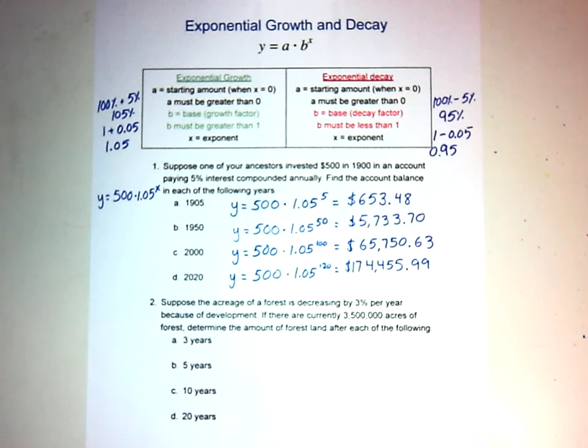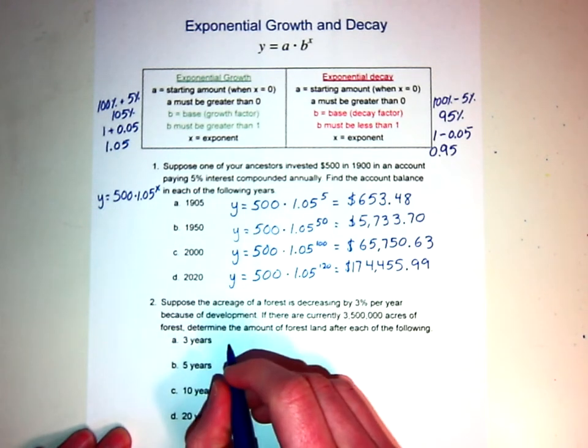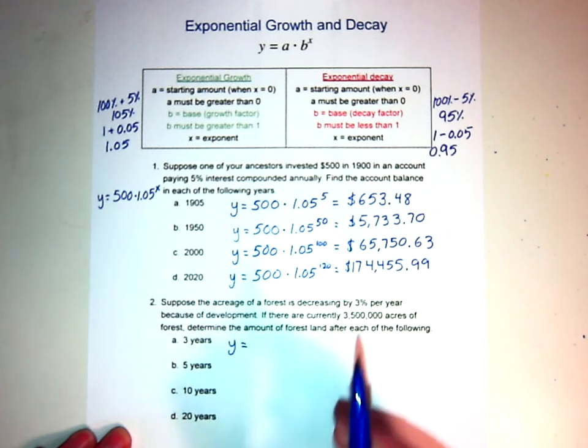For number 2, it says suppose the acreage of a forest is decreasing by 3% per year because of development. If there are currently 3,500,000 acres of forest, determine the amount of forest land after each of the following. So let's set up our original formula. I'm just going to set it up in part A. Okay, so I'm going to have y equals, well, what's my starting amount?